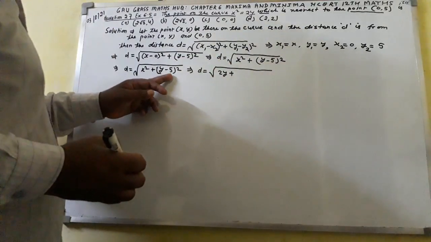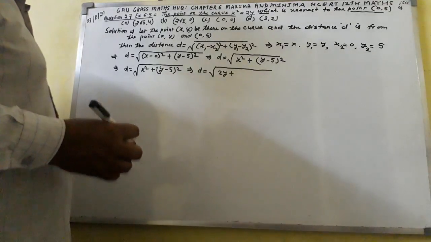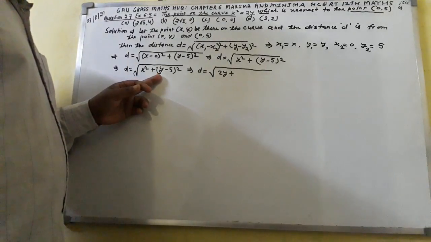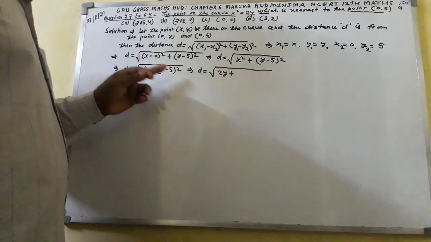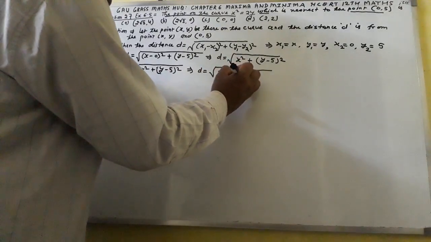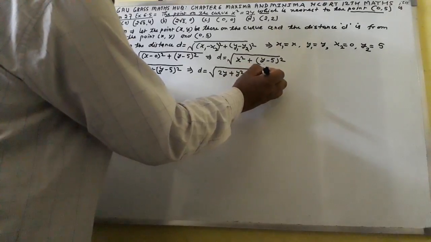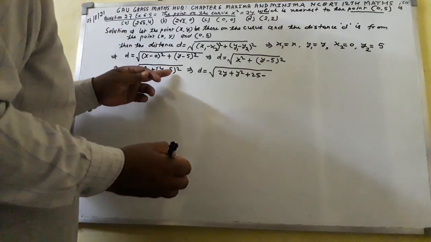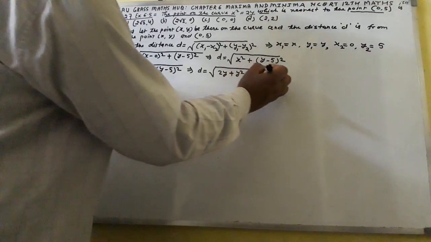plus (y minus 5) whole square. (a minus b) whole square comes out to be a square plus b square minus 2ab. Similarly (y minus 5) whole square equal to y square plus 5 square minus 5 multiplied to y, 5y, twice 10, 10y will get.